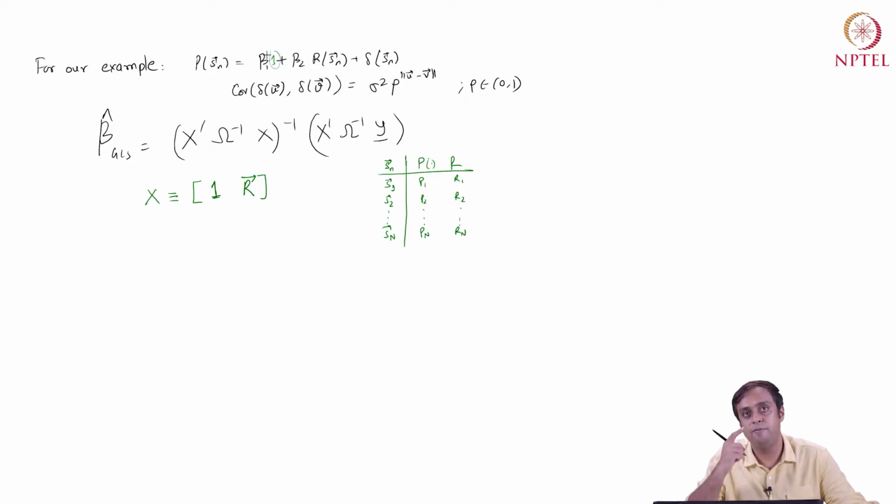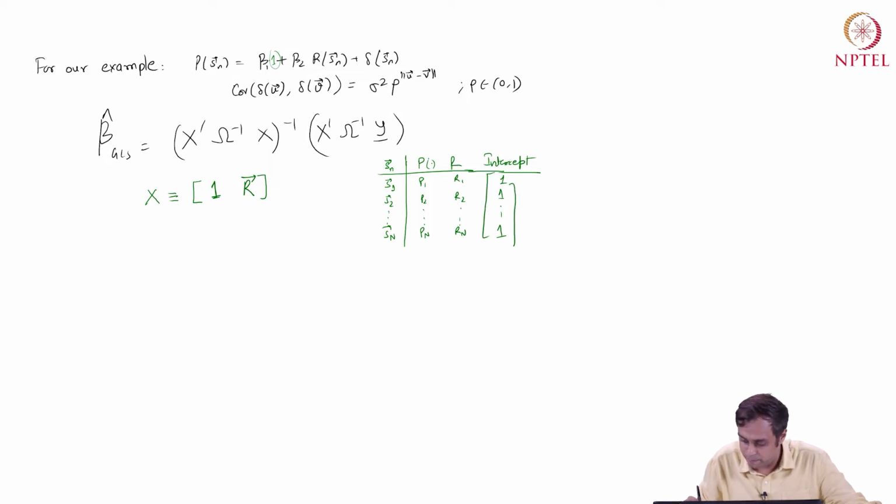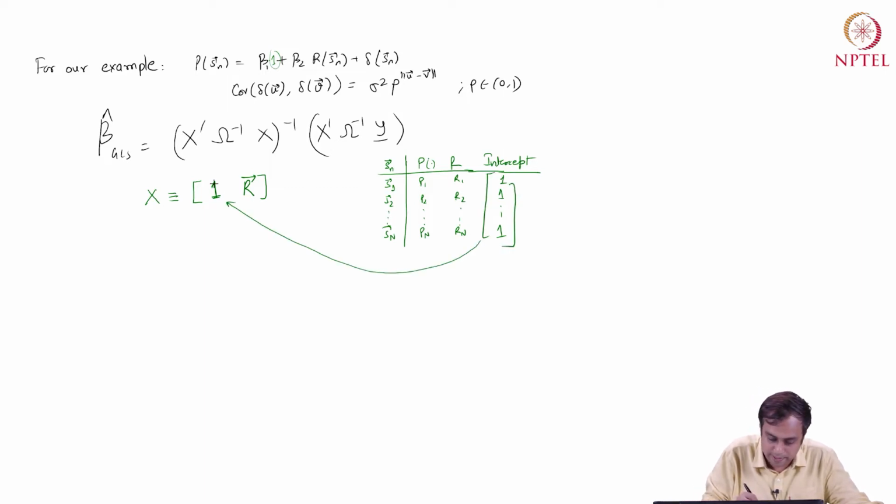This coefficient beta 1 is the coefficient of this value 1, which is a constant. So I have an intercept which is nothing but a column of 1s. So this column 1 is what this 1 is representing. We'll draw it in bold just to say it's a column vector, and obviously its size is n by 1, and so is the size of this vector r, which is also n by 1.